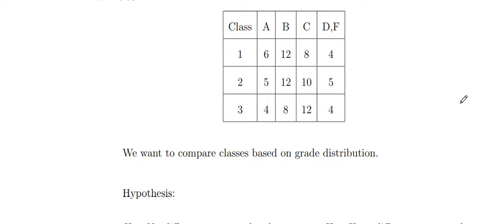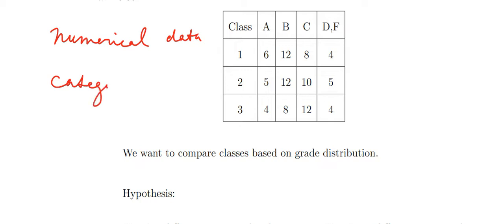Here, those data are categorical data. So we have those notations: numerical data and categorical data.